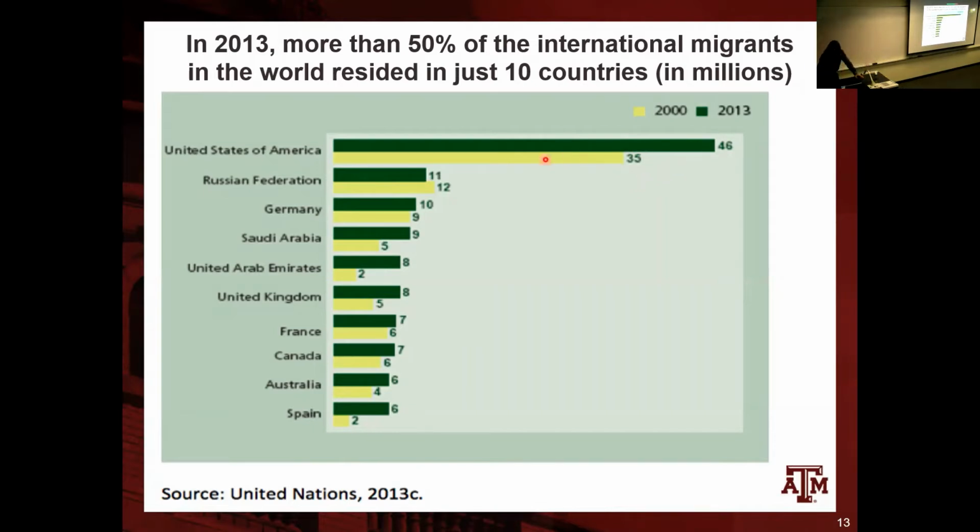But then getting this information in percentage, considering everybody, these numbers in millions, if we translate it to percentage, will be more than 50% of international migrants living exactly in those 10 countries based on data from 2013.